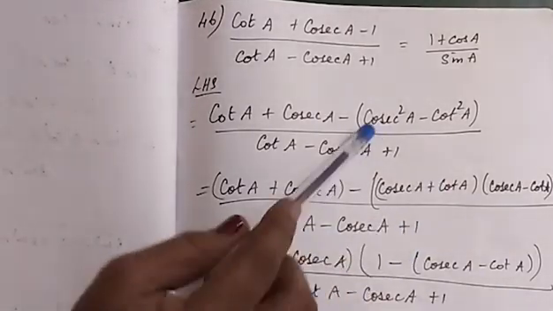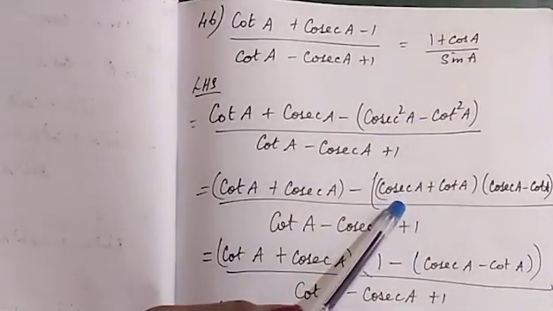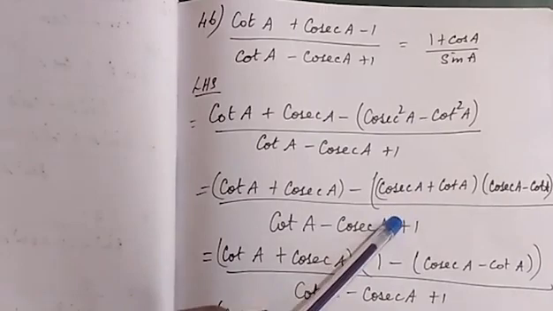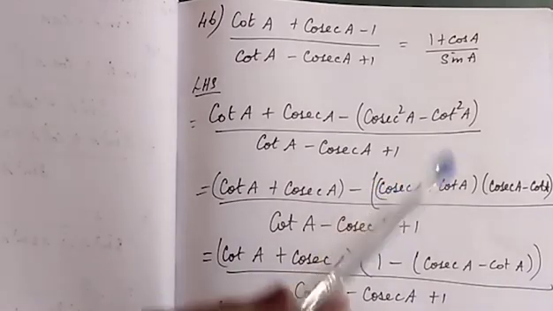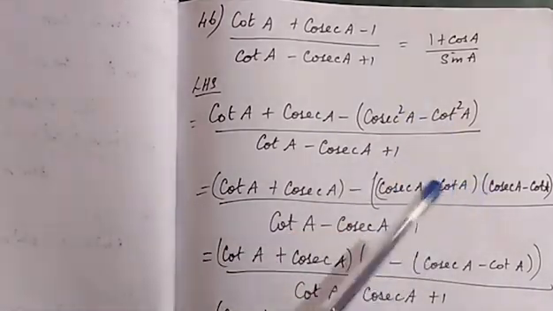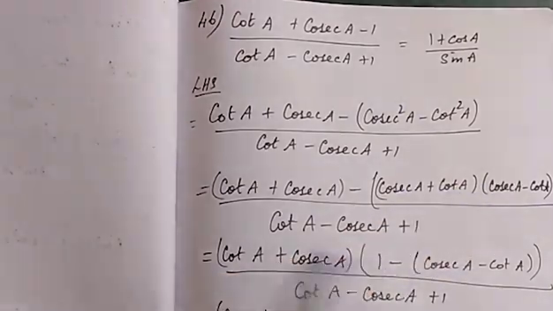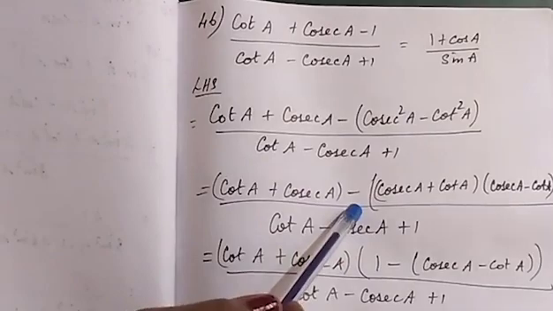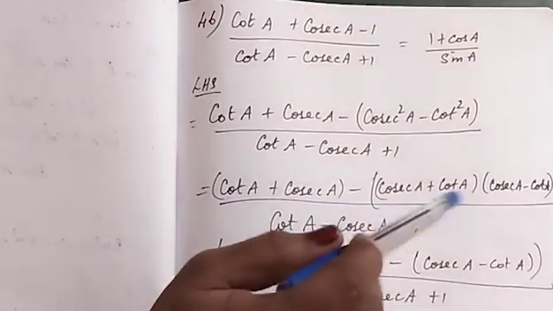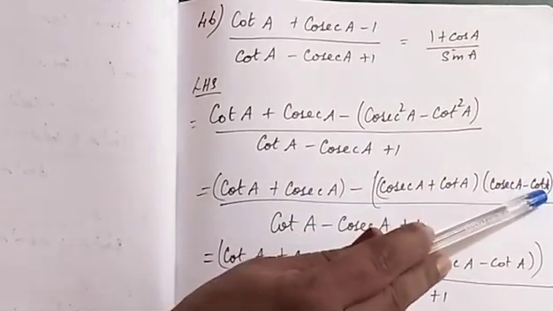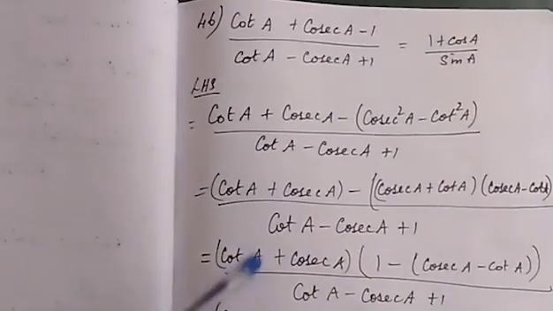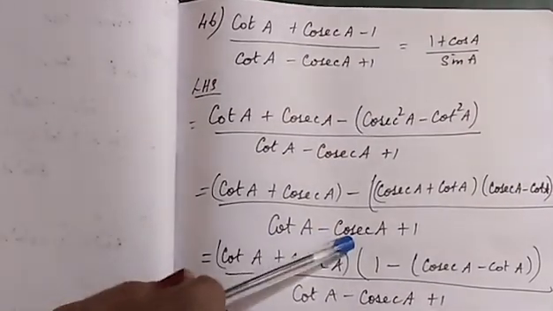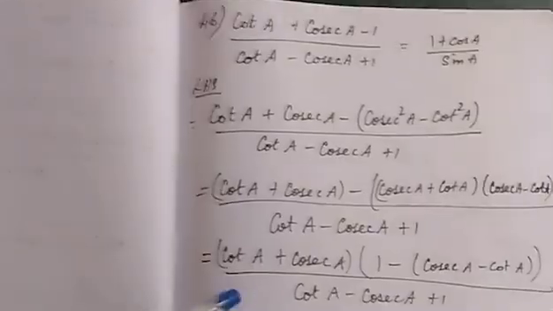Now see, A squared minus B squared is equal to A plus B into A minus B. So write cot A plus cosecant A minus cosecant A plus cot A into cosecant A minus cot A upon cot A minus cosecant A plus 1.